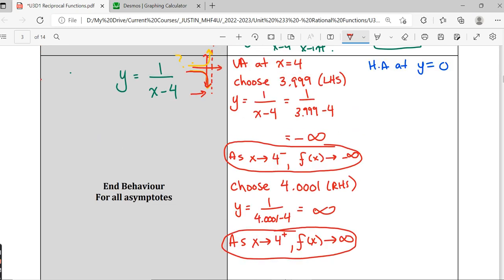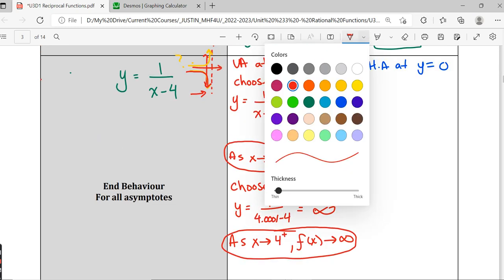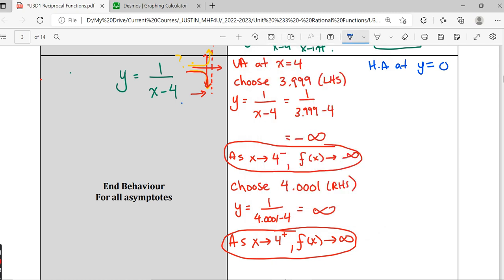Now we do the same thing for a horizontal asymptote, but the only difference is that instead of the left-hand side and right-hand side, it's just going to be above or below.